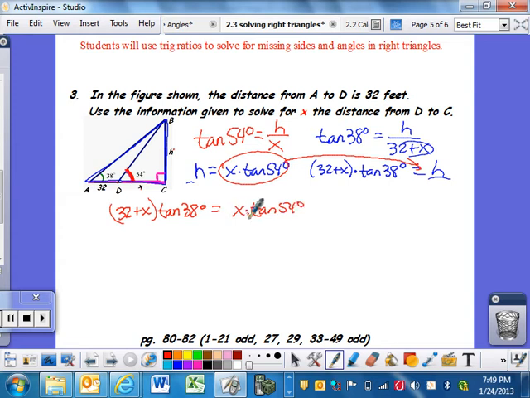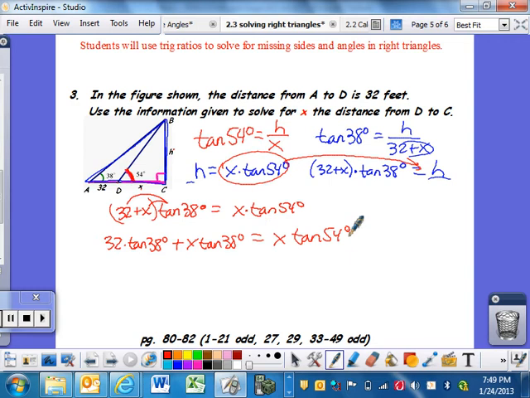Alright? Now here's the deal. We need to solve for x though, which means I need to get x on the same side of the equation, and this just isn't going to work having these parentheses. So we need to get rid of parentheses. 32 times tangent of 38 degrees plus x times the tangent of 38 degrees equals x times the tangent of 54 degrees.